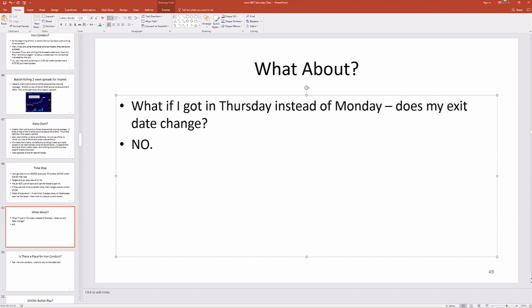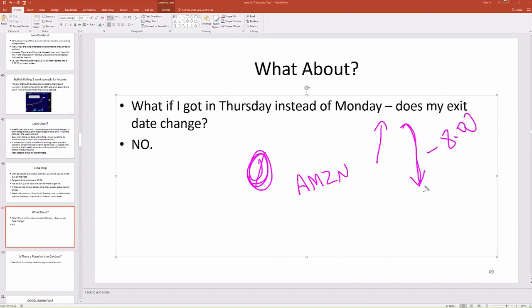Let's say on Monday we like the idea of doing a put credit spread in Amazon, but Amazon gapped up. We can set it up so that if Amazon falls $8 to this level, we already have an order for a spread in place at that level. If we get filled, great. If we don't get filled, that's fine too.